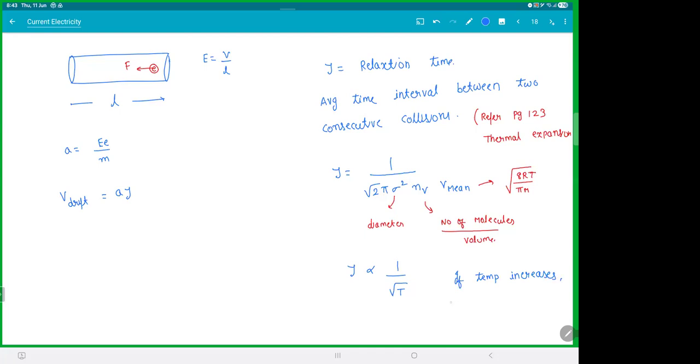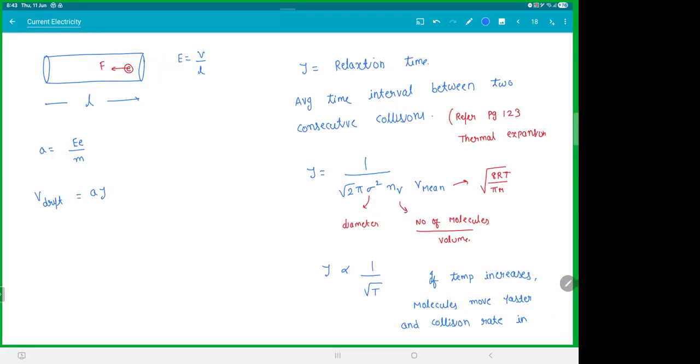If temperature increases, molecules move faster and the collisions increase. Therefore, tau decreases. So that's a little discussion about tau.